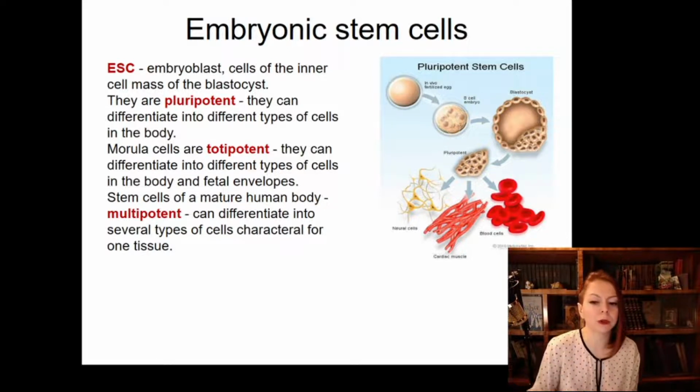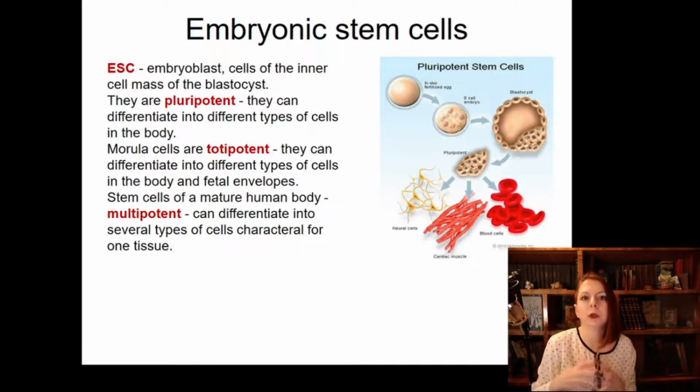But first of all, what do you have to know in this field? These are the three terms you have to distinguish: pluripotent, totipotent, and multipotent cells. If we are talking about the morula, all cells in the morula are called totipotent because they are equal.